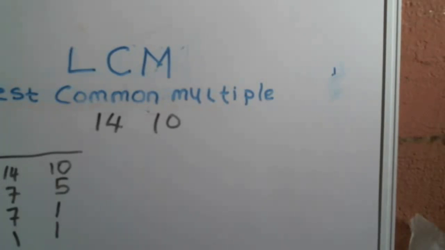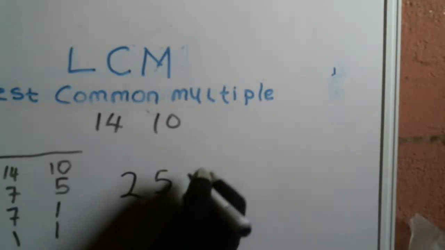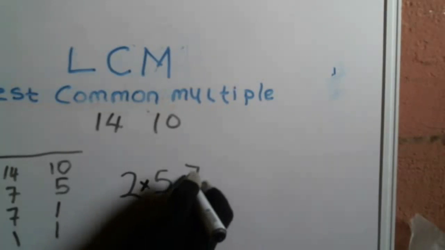So now, which numbers did we generate from this procedure? 2, 5, and 7. What do we do with these numbers that we generated? We multiply them by each other.